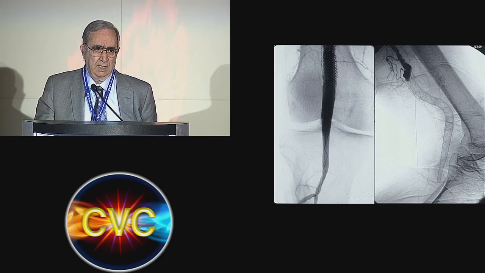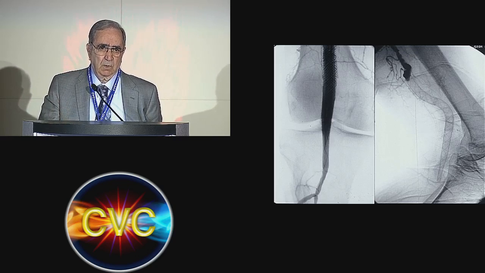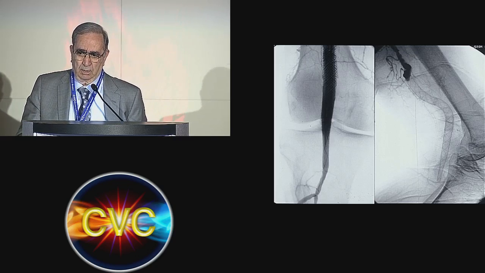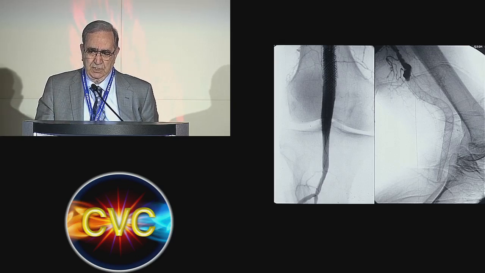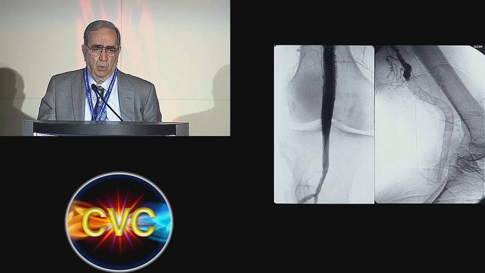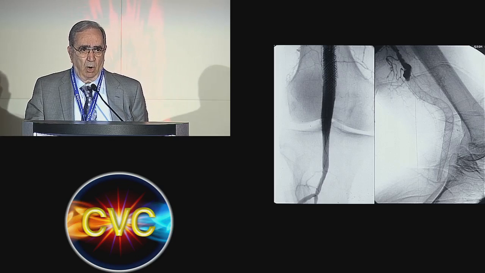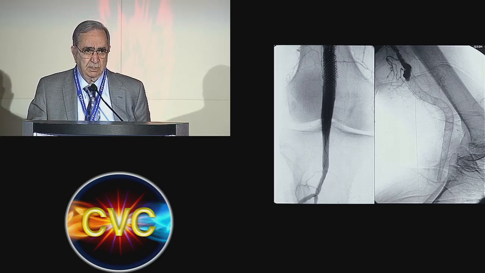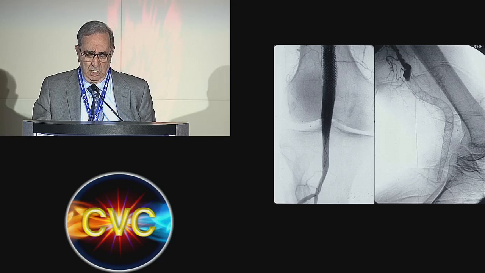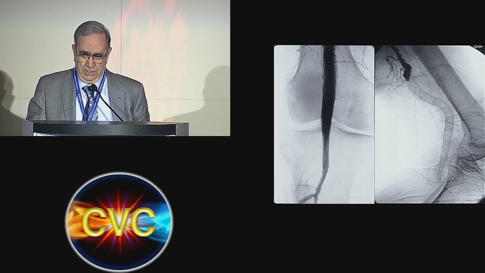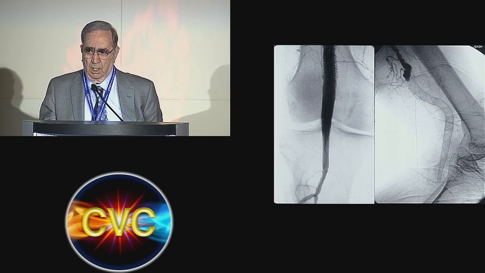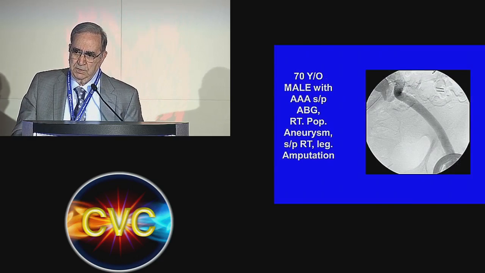When the patient bends the knee, it occludes the graft. This patient had a re-thrombosis after 1 year that we had to open again because he was refusing any type of surgery. And he finally died at age 91, but he did okay with his leg.